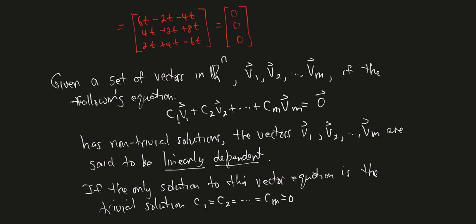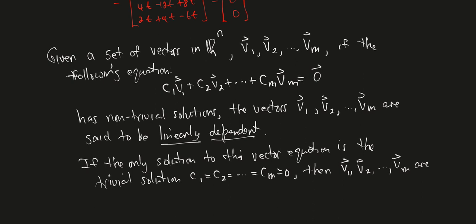If the only way that we can combine these m vectors and get the 0 vector is by putting a 0 in front of each of our vectors, then v1, v2, vm are said to be linearly independent. And that's our key definition.